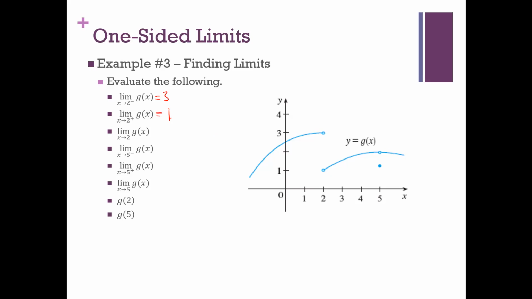All right, hopefully, if I give you those first 2 values, do you even need to look at the graph to answer this next one? No. What must this next one be? Doesn't exist. And why is that? They don't agree. So yeah, for the 2-sided limit to exist, the 1-sided limits have to deliver the same result. Okay, so I think we understand what's going on around our base point of 2.